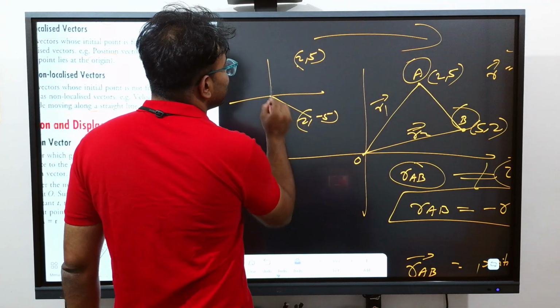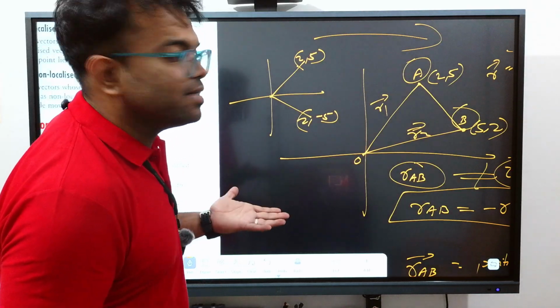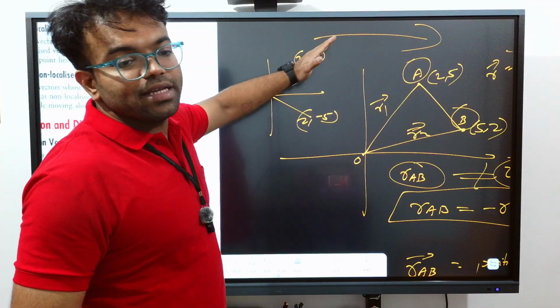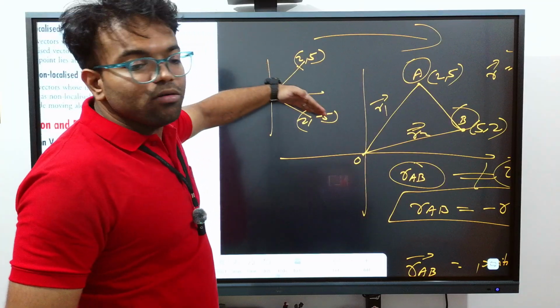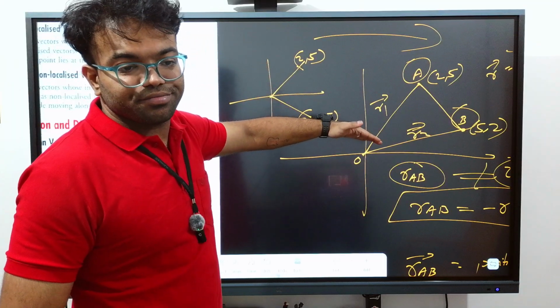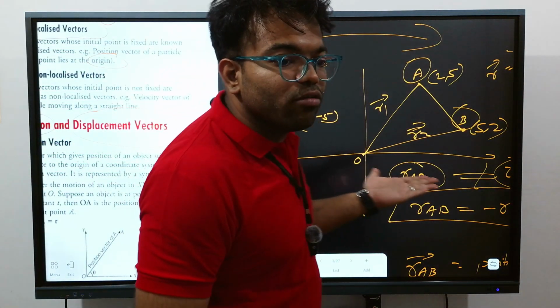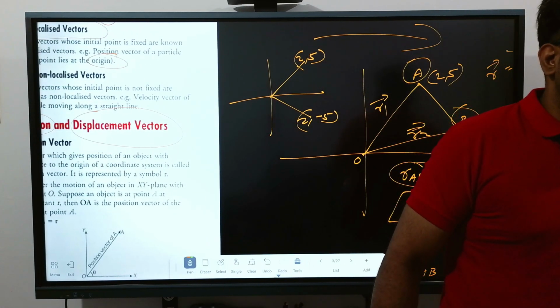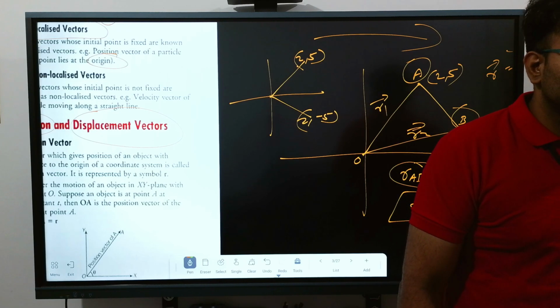So this point and this point not only represent the distance, but this one is telling that it is in the northeast direction, and this is representing the southeast direction. So its job is not only to tell you the magnitude, but it is also here to tell you what the directional values are. Is it understood?